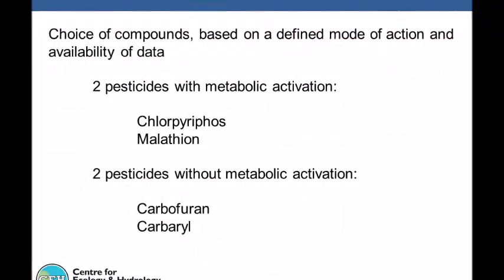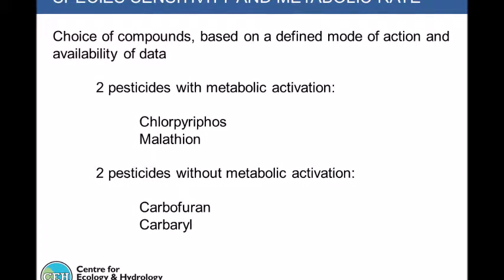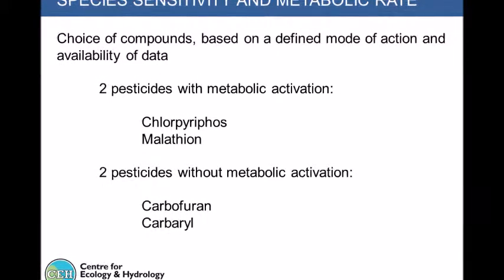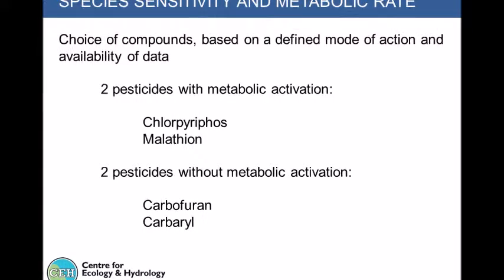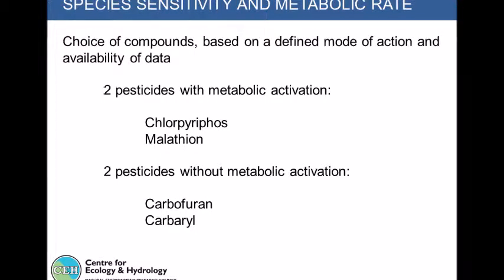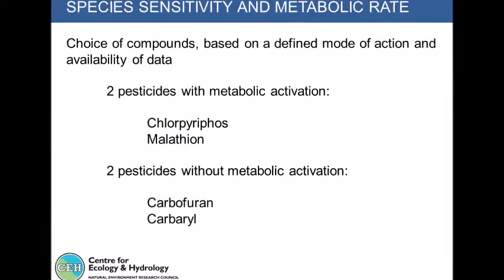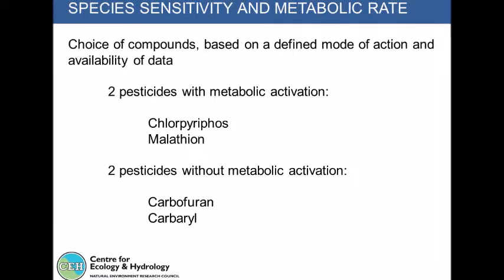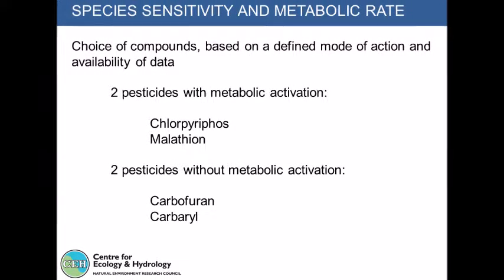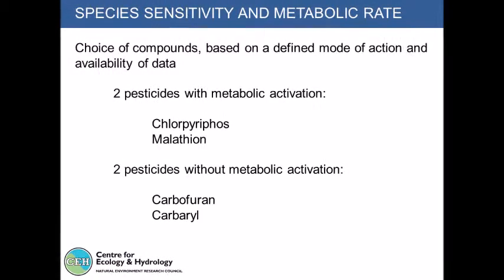So you have to think about some compounds. You need compounds where you have toxicity data available for a lot of different species. So we came up with pesticides. Again, use the Ecotox database and look for species. And we wanted pesticides with metabolic activation and 2 pesticides without metabolic activation, to see if it's the metabolism itself or the metabolic trickery that can cause the effects.